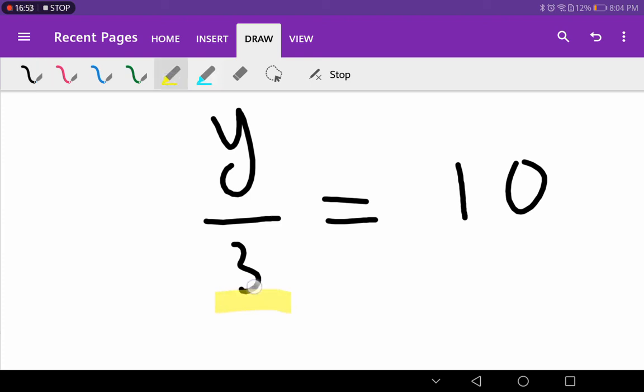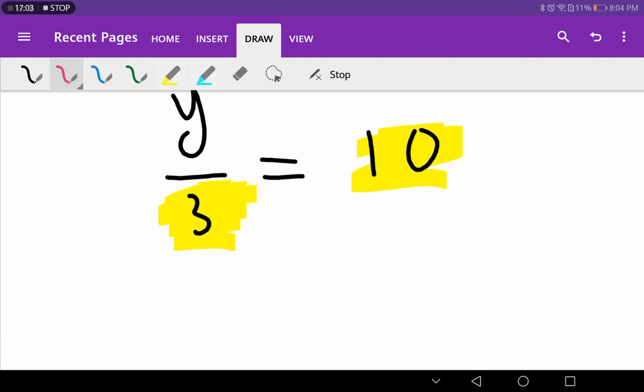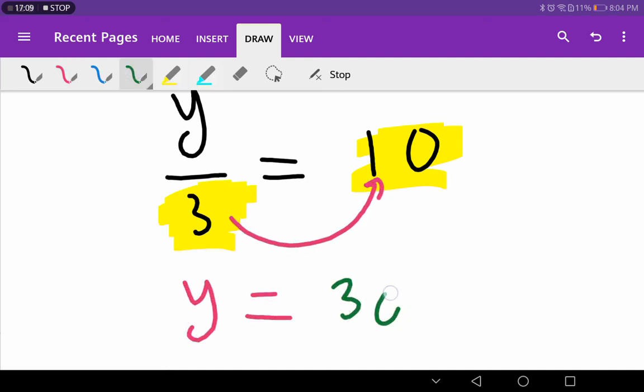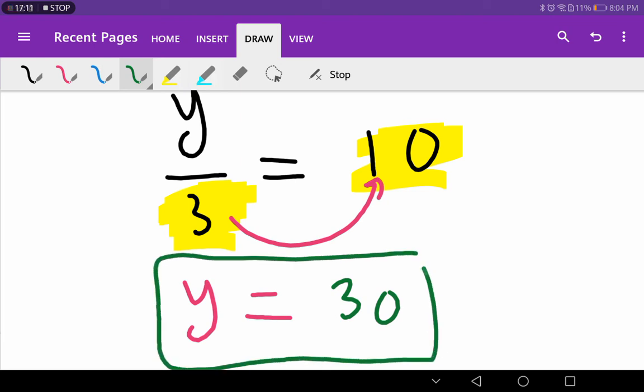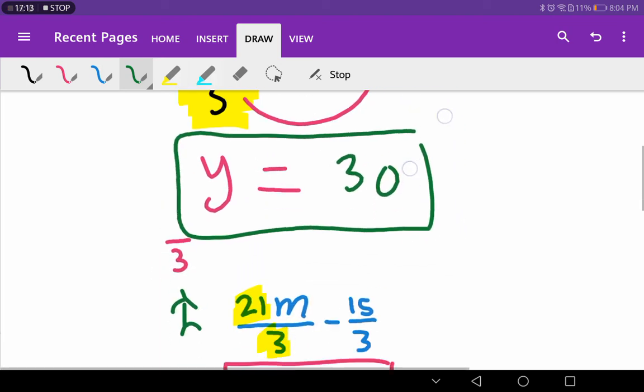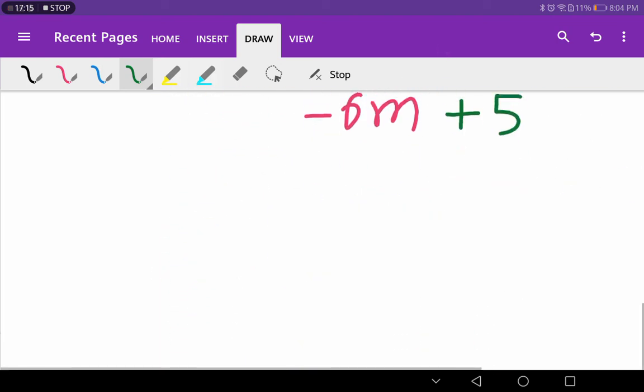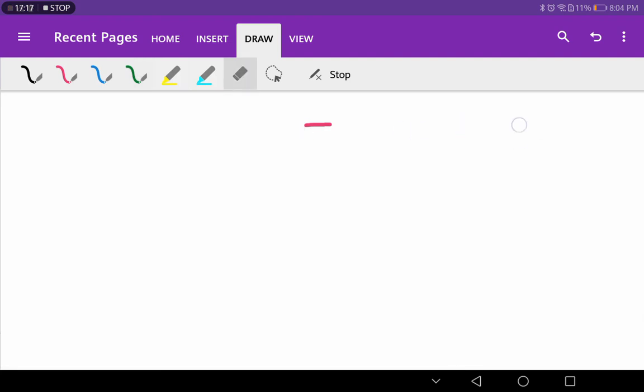When the coefficient looks like this, down, it is y over 3, directly multiply it by 10 and then you get the answer. So y equals 3 multiplied by 10, equals 30. So we are done. Are you happy? I hope so.